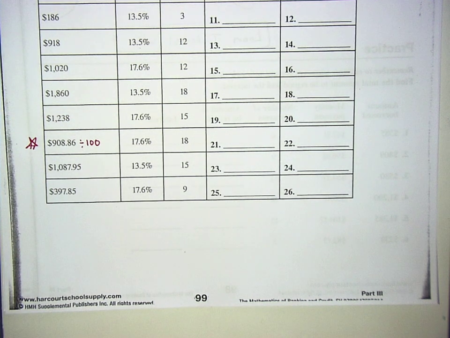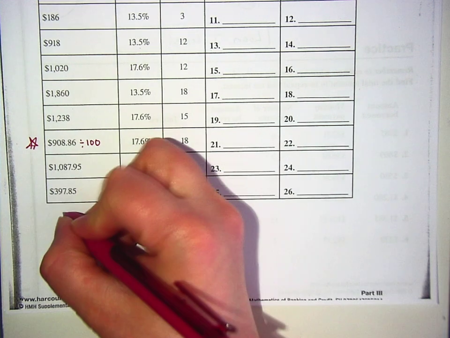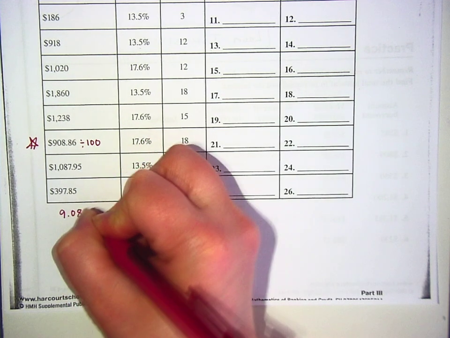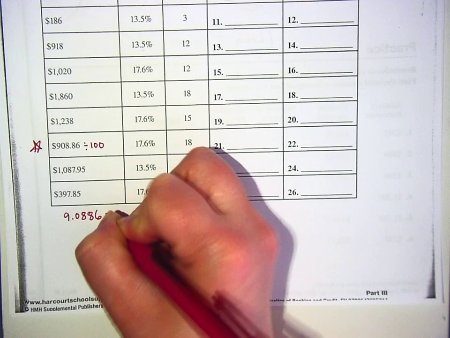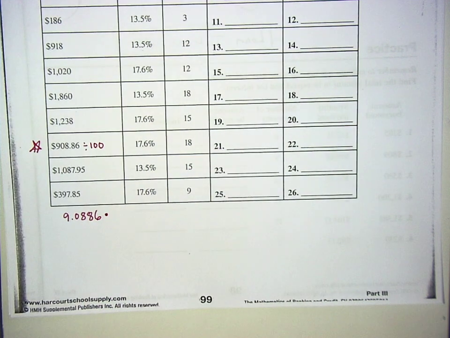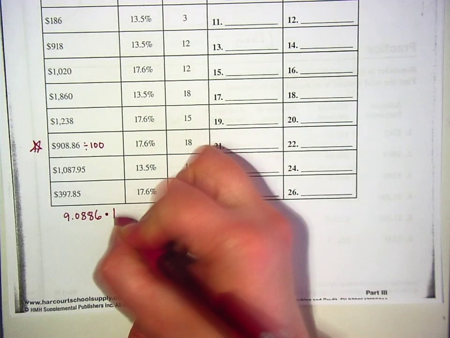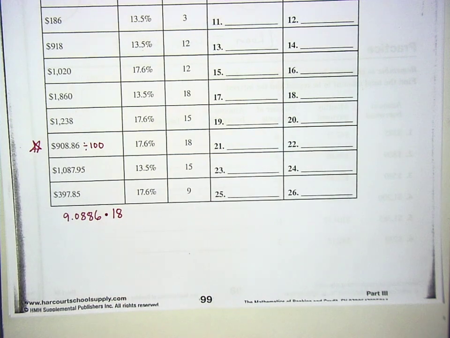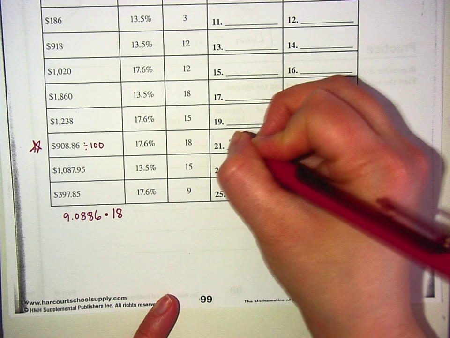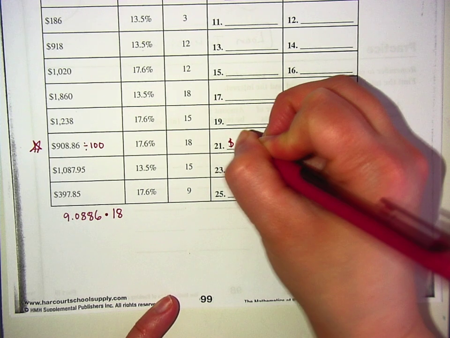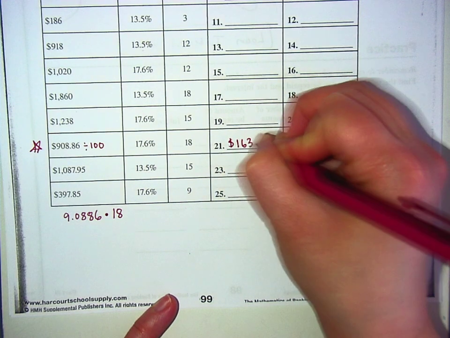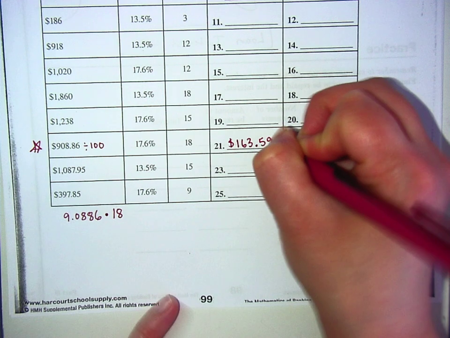That should get you 9.0886. Then you're going to take 9.0886 and multiply by how many times we're paying it back, which is 18 times. I got $163 in interest and 59 cents. You guys get the same thing?